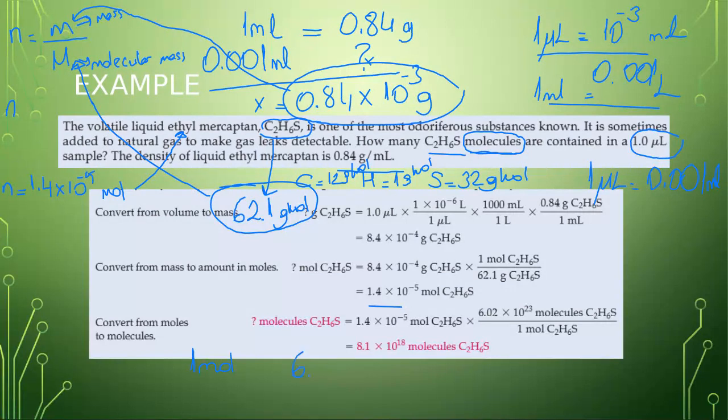This is 6.02 multiplied by 10 to the 23 molecules, but you have that mole, and you put that here. 1.4 multiplied with that mole, how many molecules? And you will find 8.1 multiplied by 10 to the 18 molecules. What's that? Ethyl mercaptan molecules.